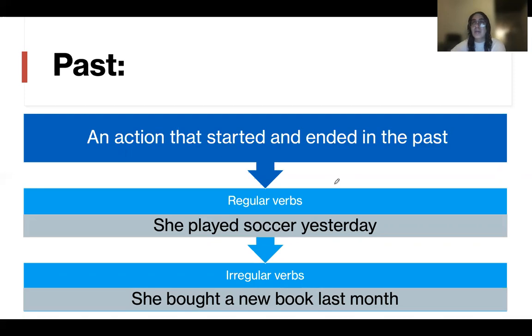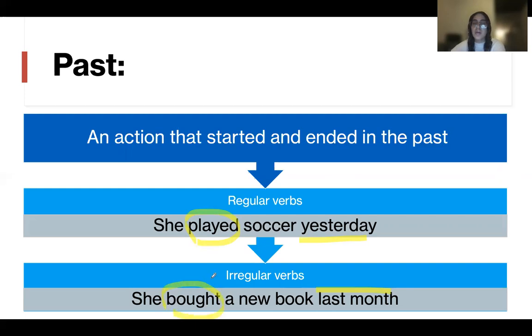We are talking about something that happened, and for that reason we use past expressions like, for example, yesterday, last month, etc. And also another important characteristic is that we have to recognize if we have a regular or irregular verb.